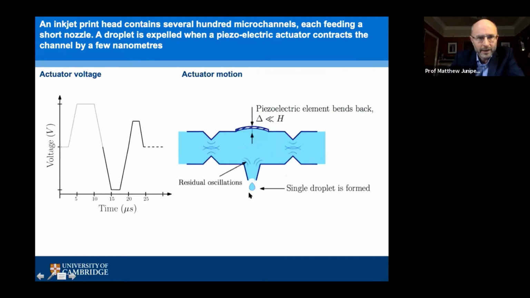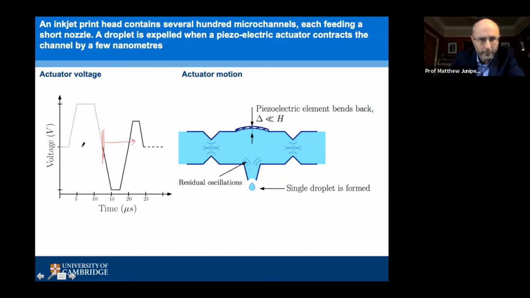Now the next stage is often, you could leave it at that. But what you can do also is then pull a piezoelectric element in the other direction to try to kill off the residual oscillations as much as possible. And that's something which we'll be looking at later on in this talk. So that's this bit here. And what I'm going to do in the second part of this talk is just look at this final phase here.